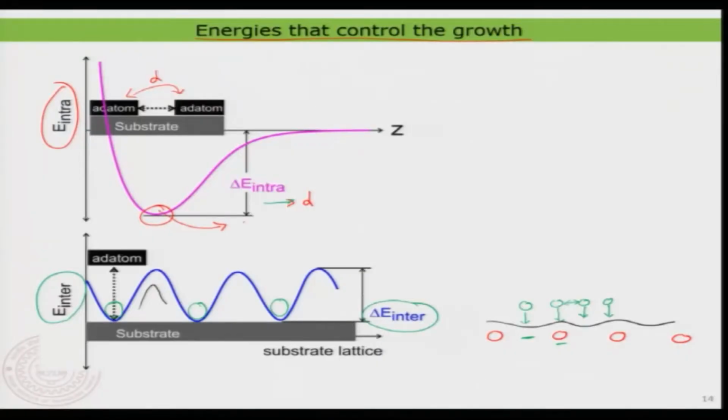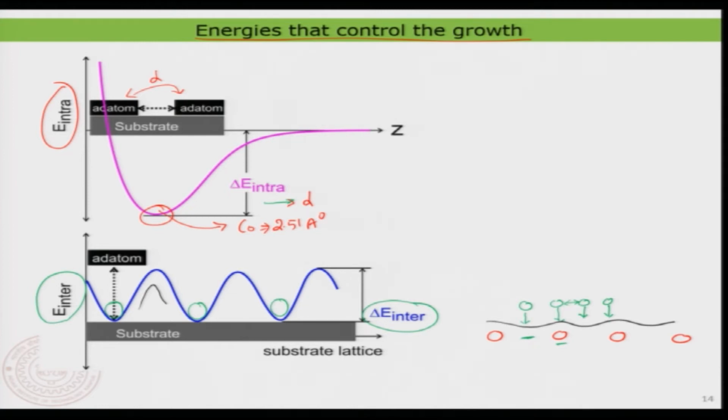If you take cobalt, for example, in the bulk you would find the cobalt atoms spaced at 2.51 angstrom. That is some kind of an equilibrium adsorbate distance, a distance that you would find in the bulk of a material.